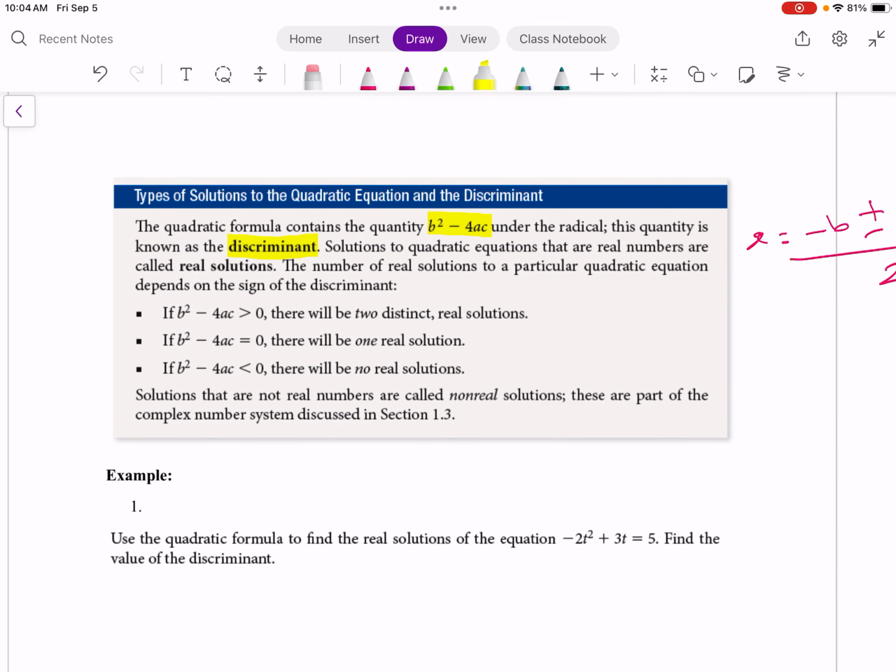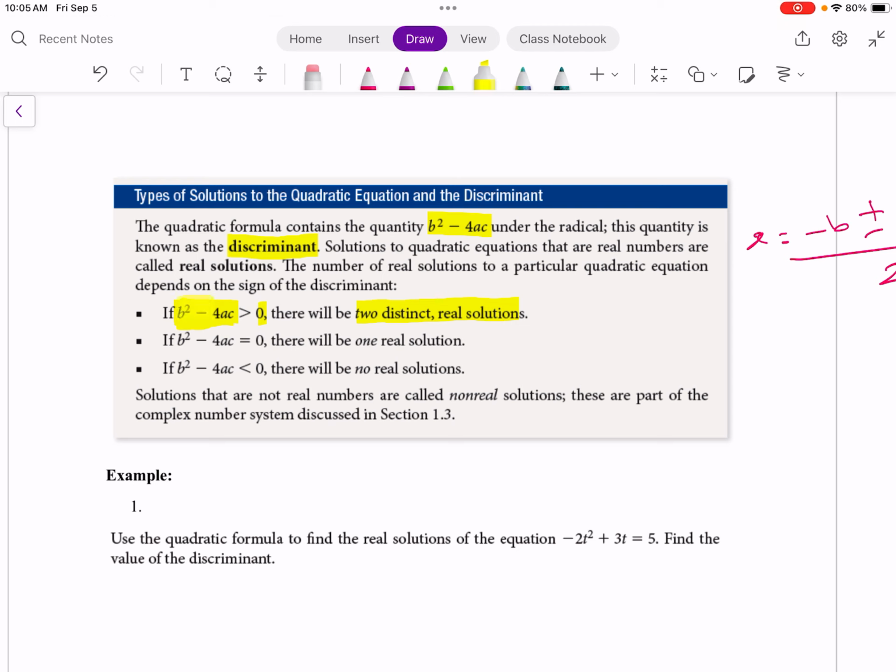If the value of the discriminant, b squared minus 4ac, is greater than 0, what does it tell? It tells us that we will have 2 distinct real solutions. Even without solving the quadratic equation, from the discriminant we can tell how many real solutions we can have for a given quadratic equation. So you find b squared minus 4ac.